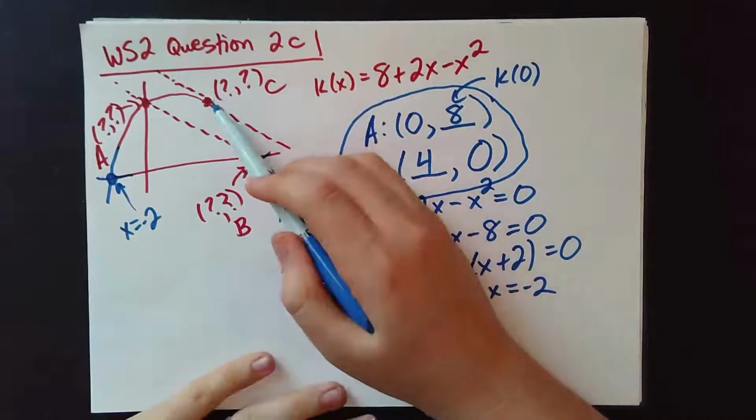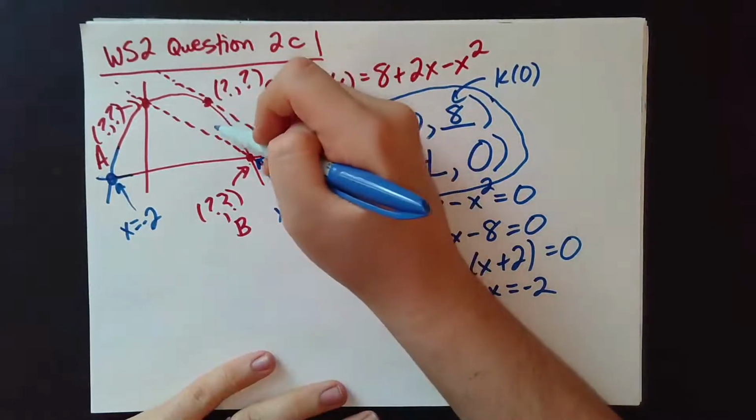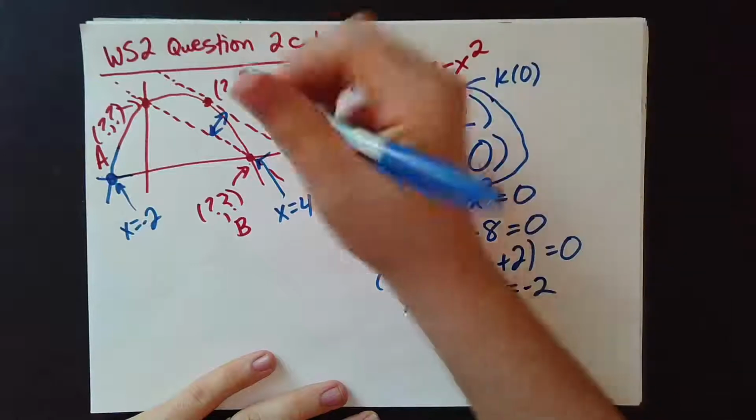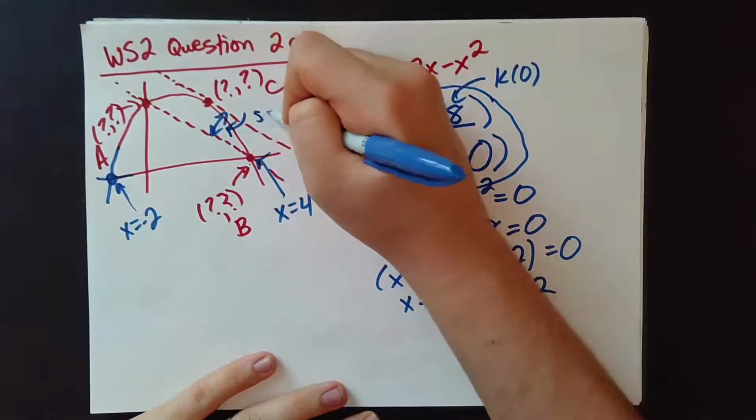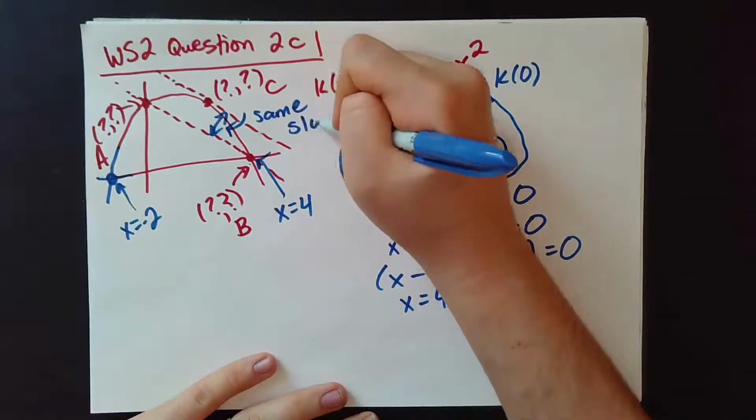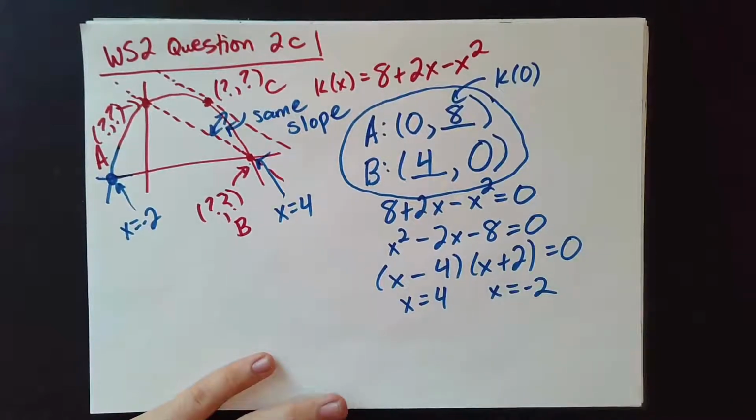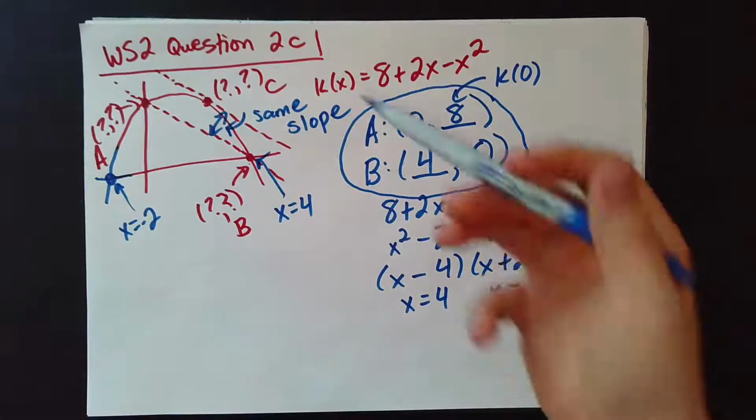Because what's special about this point C is that these 2 lines are parallel. And remember, parallel lines have the same slope.